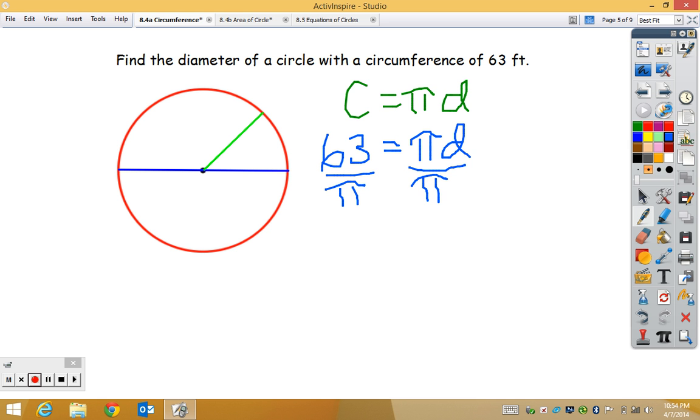And you should become accustomed to where the pi button is on your calculator. All the scientific calculators have a pi button, so it should be easy enough to find. We take 63 divided by pi, and if we round again to 2 decimal places, to the hundredths, we get 20.05, 20 and 5 hundredths feet.